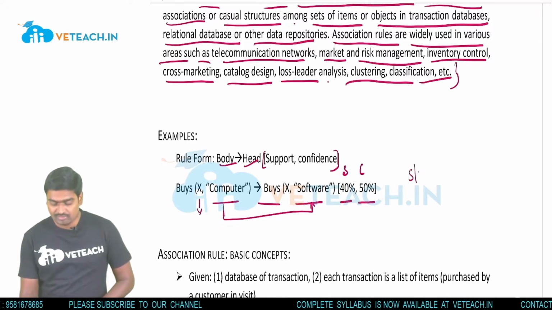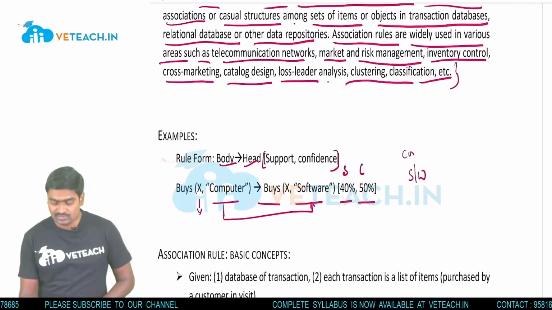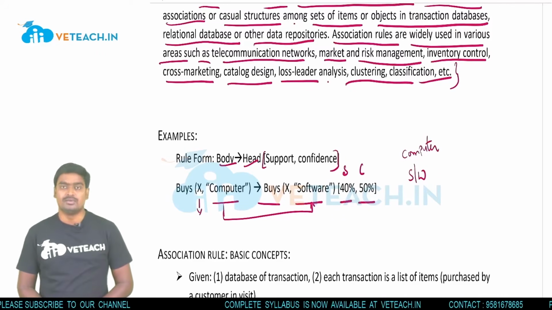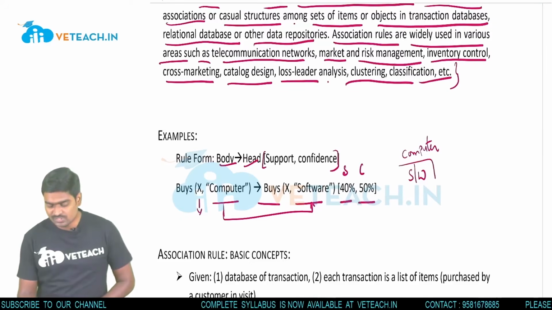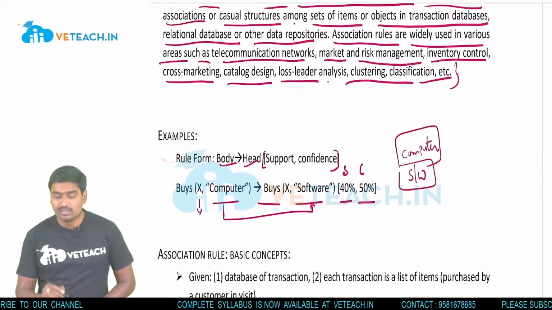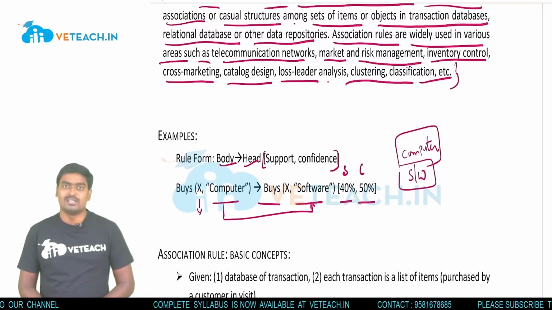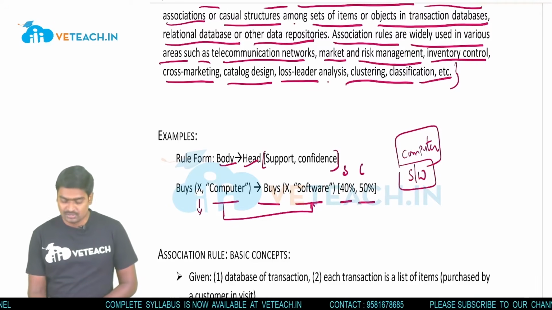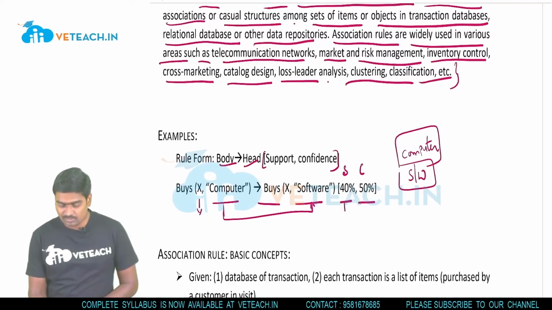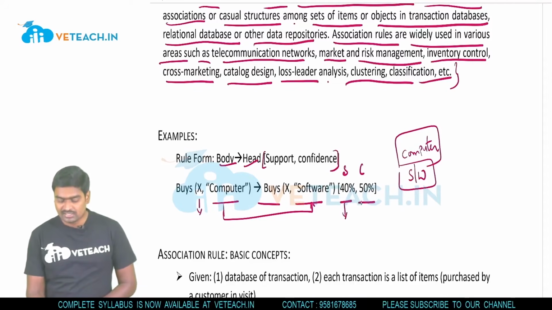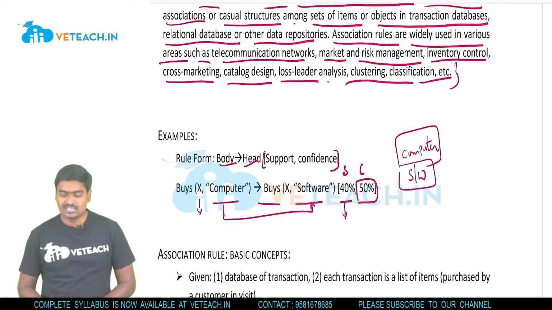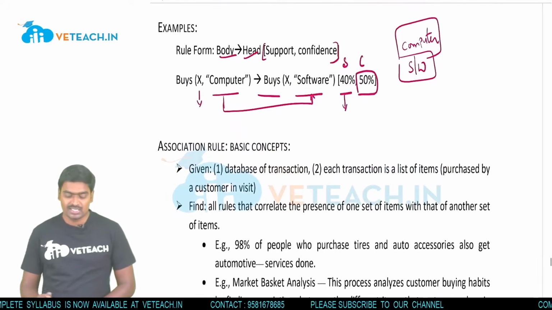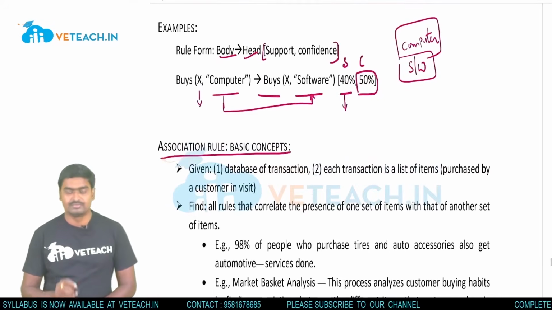Without buying software, there is no use of the computer. So in this situation, we understand that those who buy a computer then automatically buy software also. So what is the support count? The support count is 40% and the confidence level is 50%. Based on this, we can create the association rule.